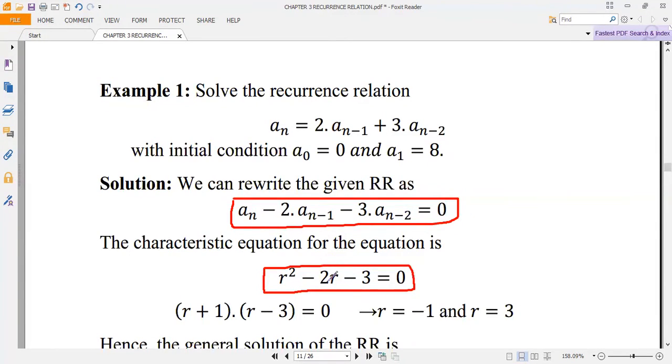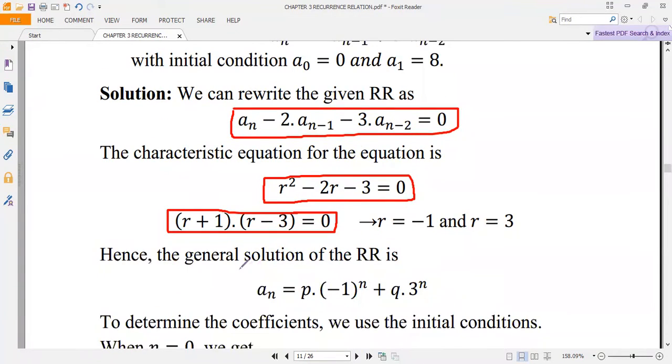They are minus 3 and positive 1. Then by factorizing, you will get this one. So the roots of the characteristic equation are r1 equal to minus 1 and r2 equal to 3. Hence, the general solution to the recurrence relation is this one.